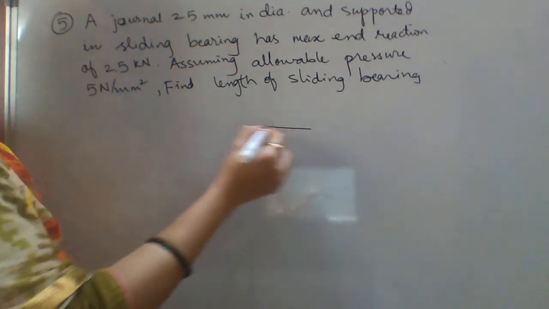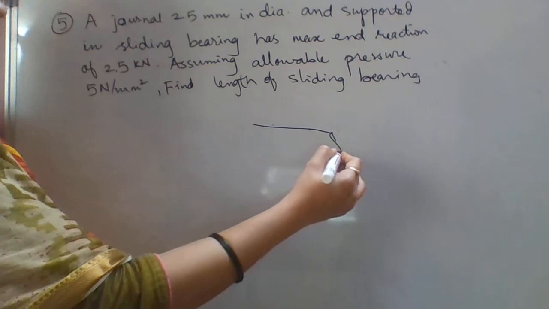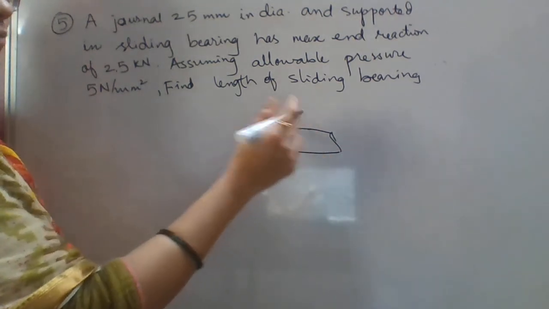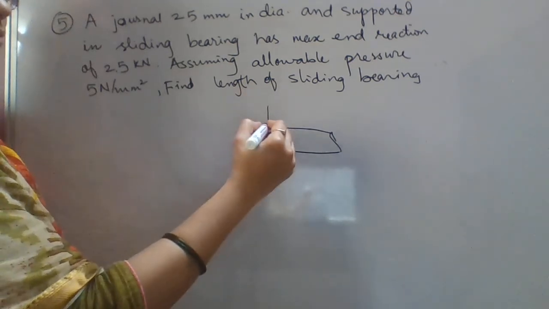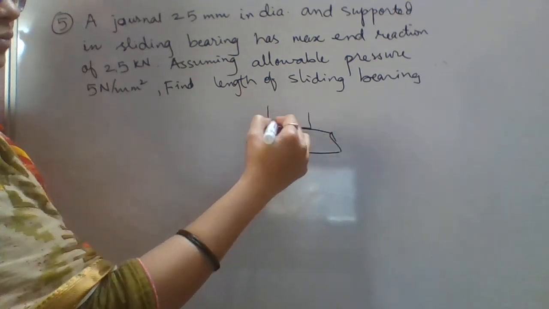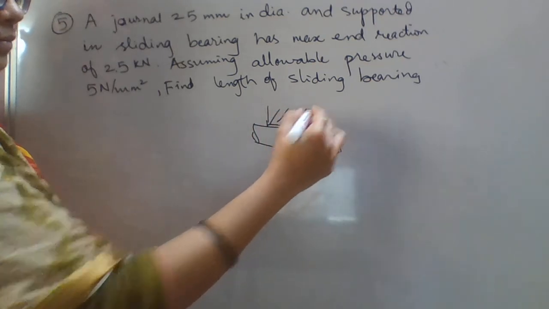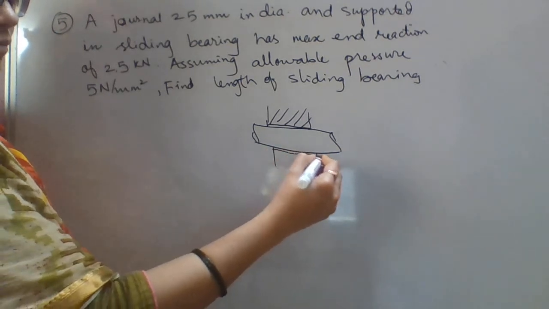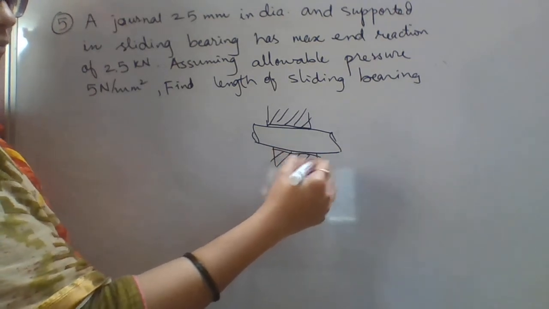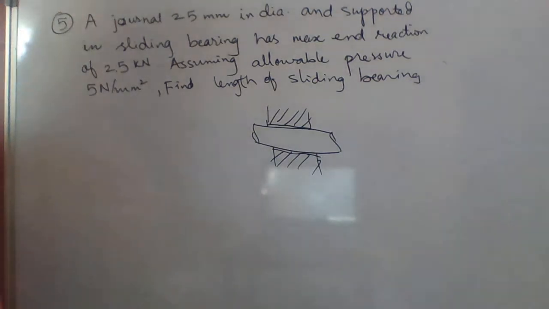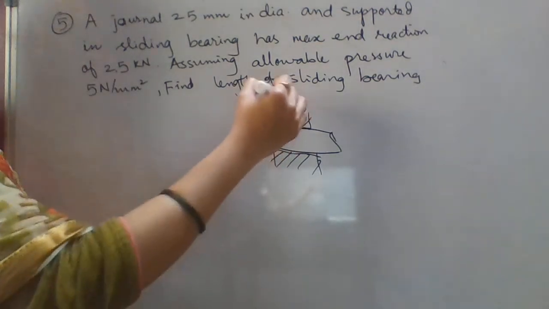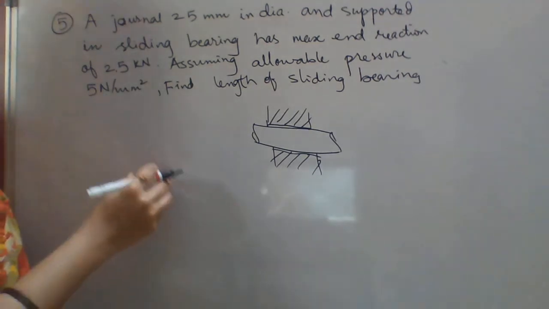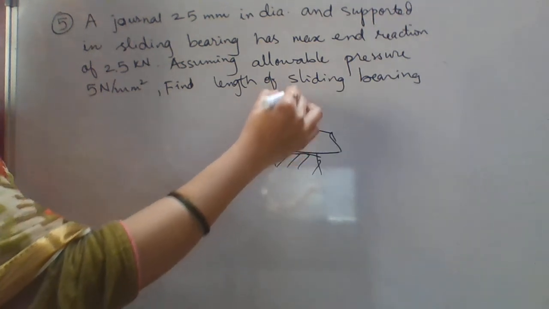So we can draw. Suppose this is a journal, and this is supported in sliding bearing. Then the reaction, the force acting on this, which is going to produce the bearing pressure, you can draw over here.